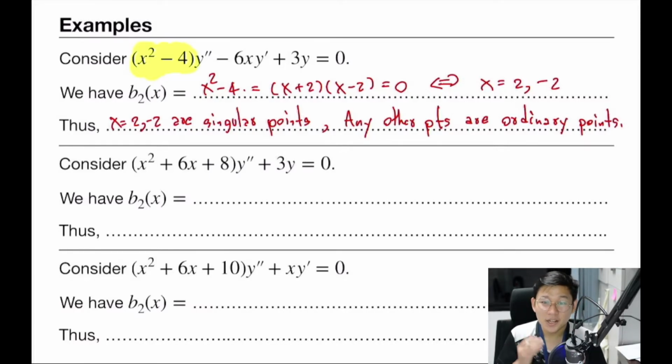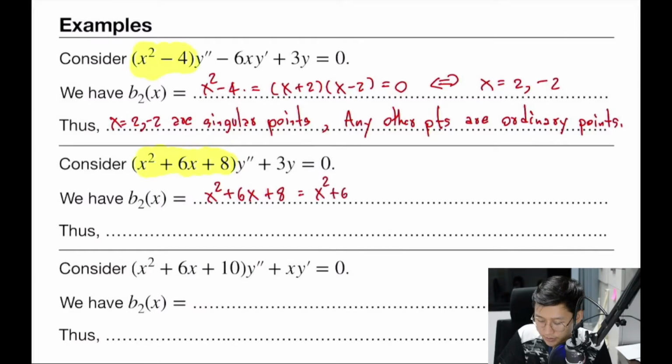Cool. Okay. Next example. This one. b2 of x is x squared plus 6x plus 8. And this guy is actually x squared plus 6x plus 9 minus 1.